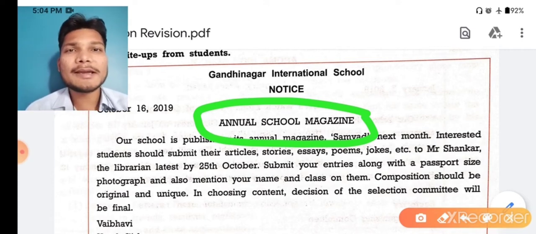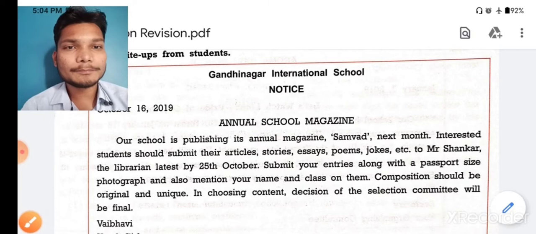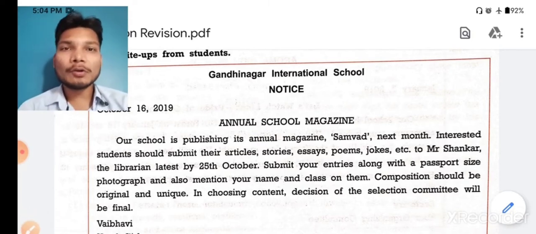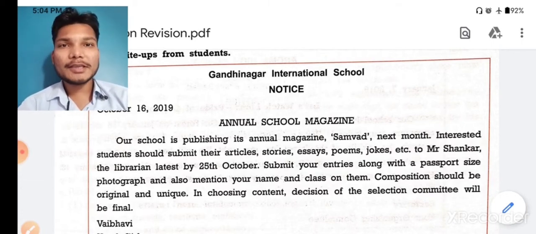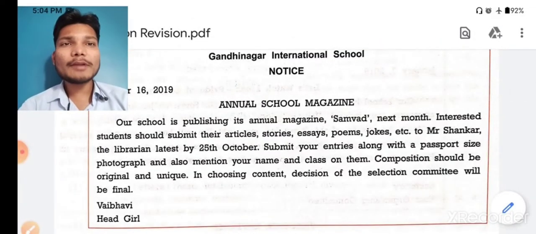Here you can write the subject line like annual school magazine. This is how you can write it. Now as I have told you, a notice should not be very long, only the main points should be there, and that's why you have to write only those things. Let us see what to write.